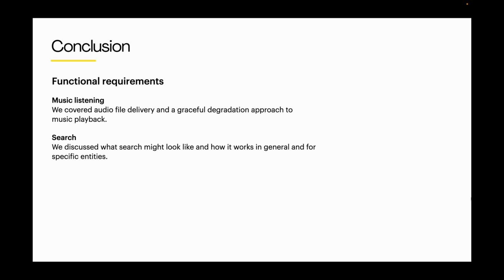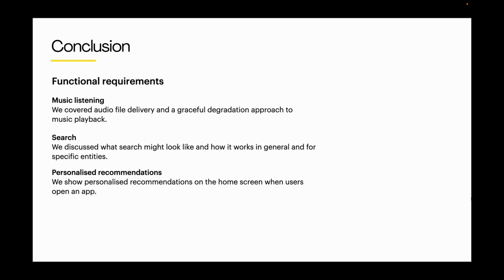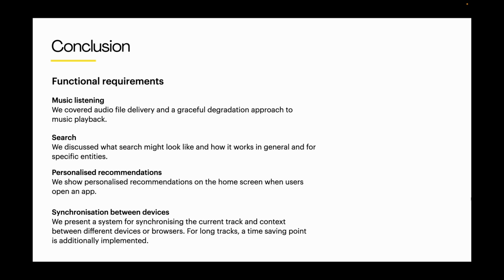We have discussed the search functionality, both its general operation and its application for specific entities. Users see personalized recommendations on the home screen when they open the app. Synchronization between devices. We have introduced a system for synchronizing the current track and context across different devices or browsers.